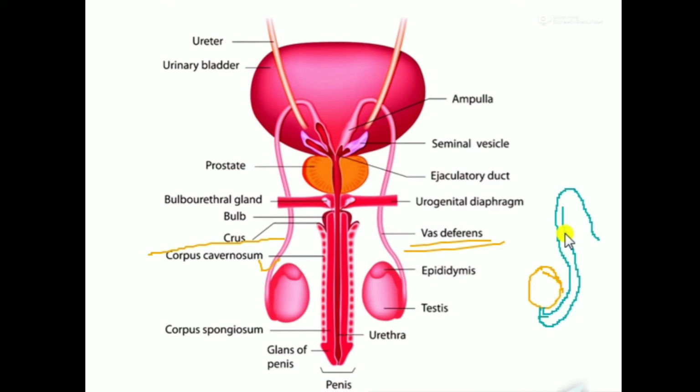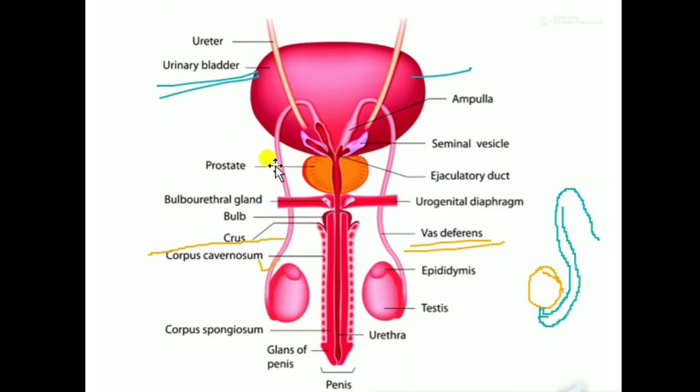The duct goes to the abdominal cavity through the inguinal canal. As we know, the inguinal canal is a connection between two regions, the abdominal cavity and this other portion. Now, if you see the whole structure, this portion is known as the urinary bladder.